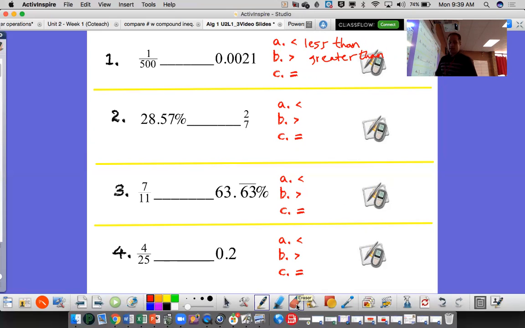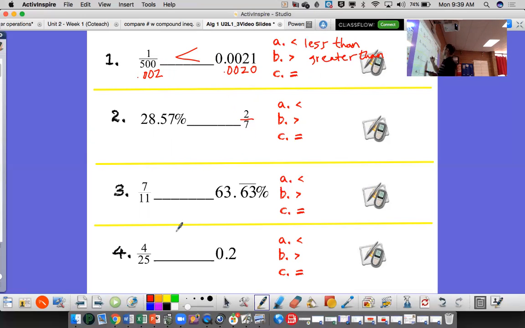So if we convert these, 1 divided by 500, and I'm using my calculator here, you can see me, 1 divided by 500 is 0.002. So if I line up the decimal point, 0.002, I know that what comes after this is another 0. So this 1 is greater than that 0. So we want this number to be greater than, this number is less than. So remember, the open end eats the bigger number. So that's going to eat that one right there.